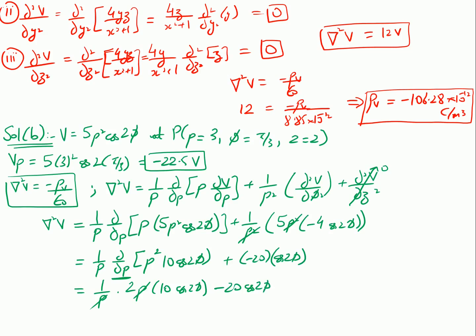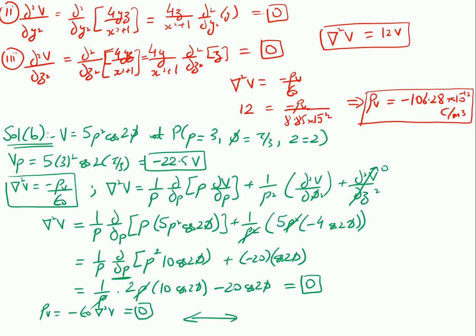Finally, when we put everything in terms of the values, phi is pi by 3. When you put in the value and solve it, the answer comes out to be 0. So if this is 0, this means that rho v is going to be minus epsilon del square v, and this comes out to be 0. So this is the solution to the second part.